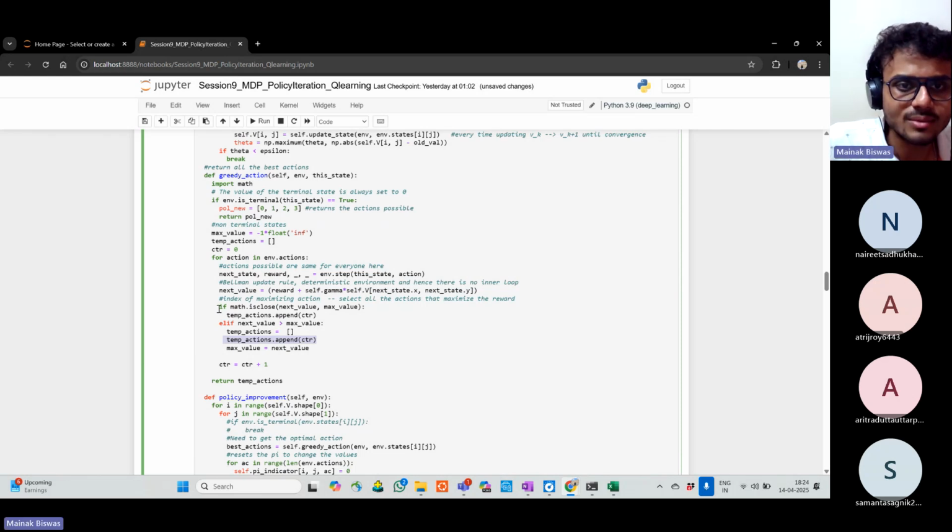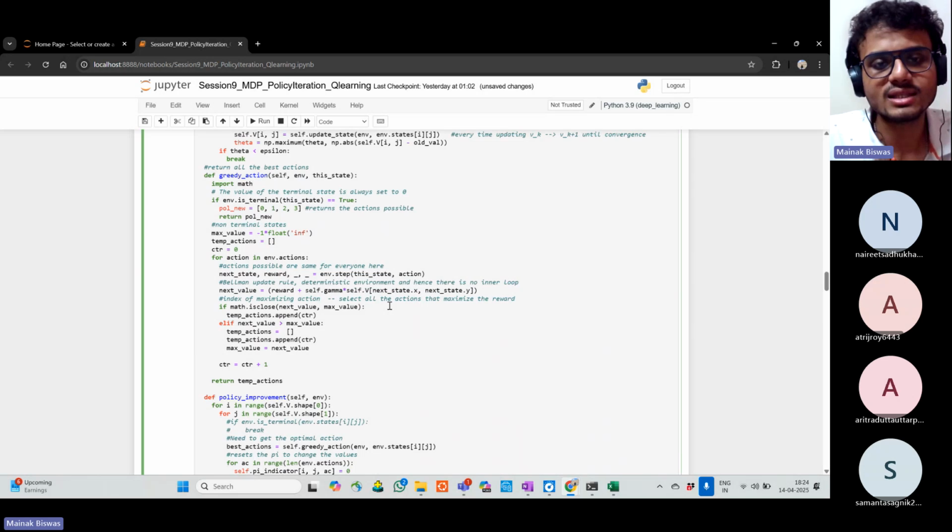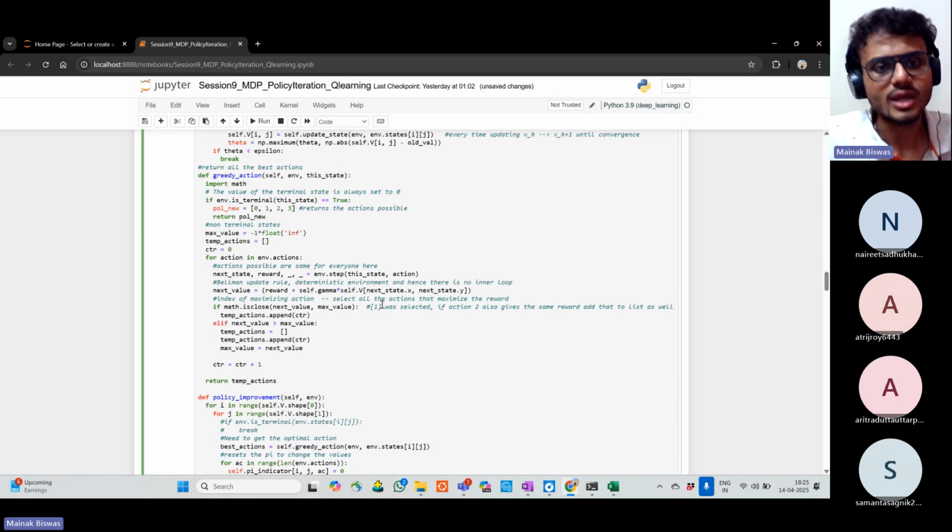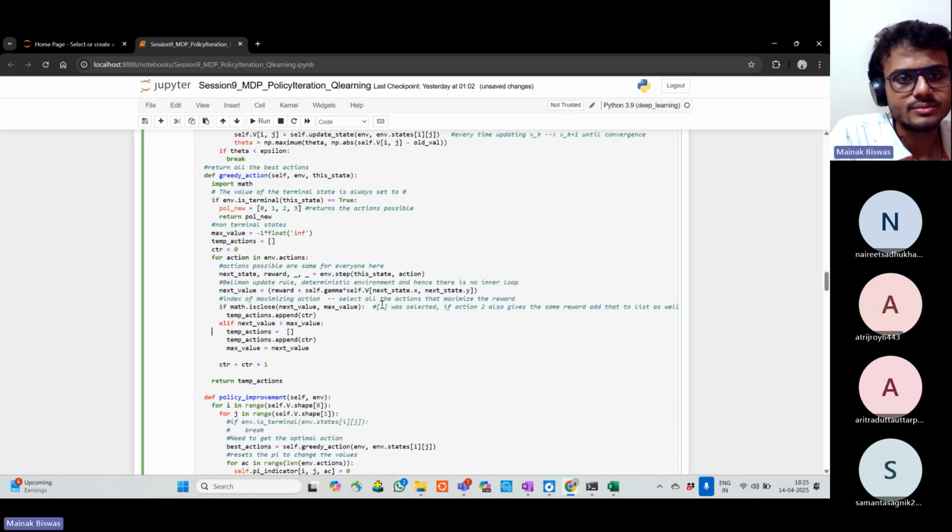If they are close, say action 1 was selected first, and action 2 also gives the same reward, I add that to the list as well. That's what we keep on doing, and you return all those actions.